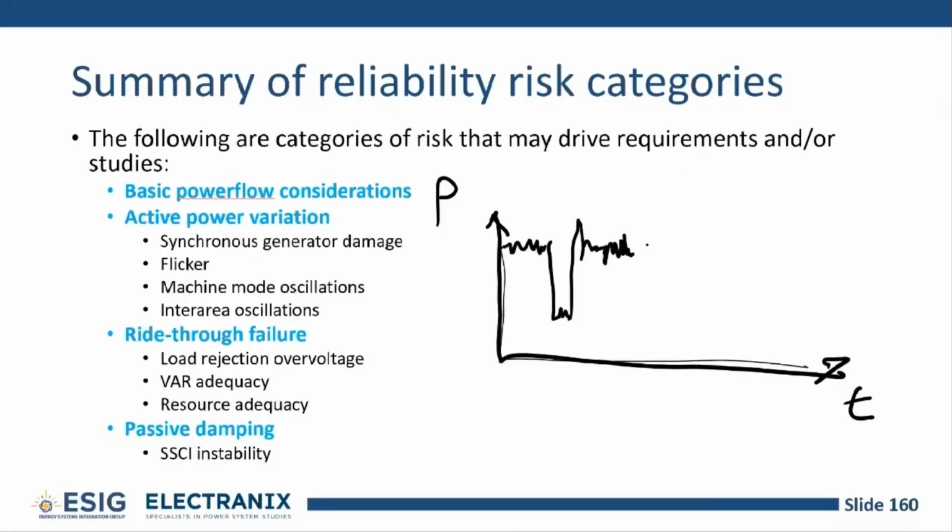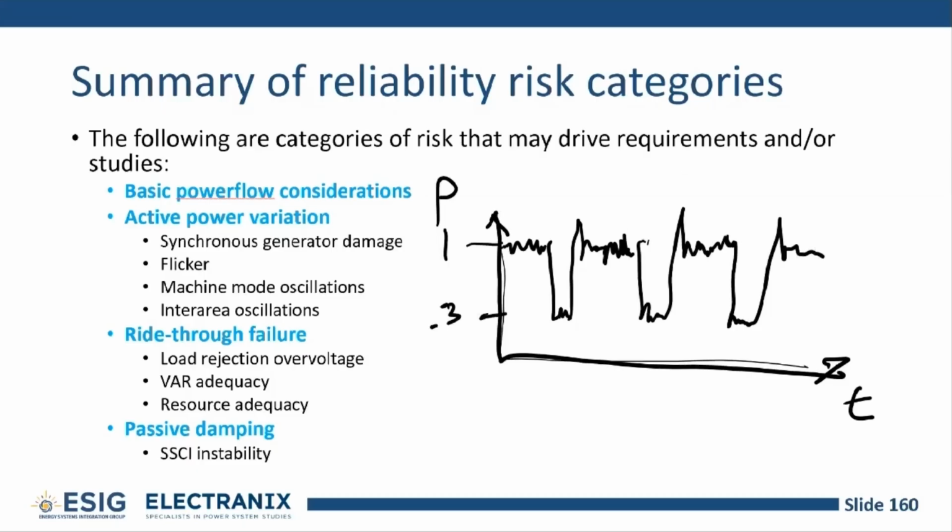Some noise, dips down, comes back up like this. This might be 20 to 30%, so let's say 30, say 0.3 per unit, and 1 per unit is up here.